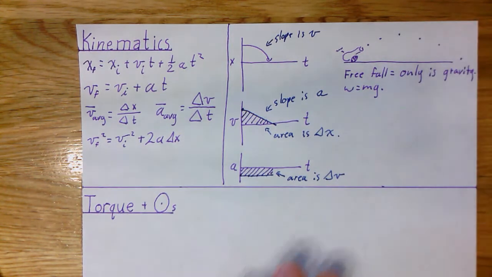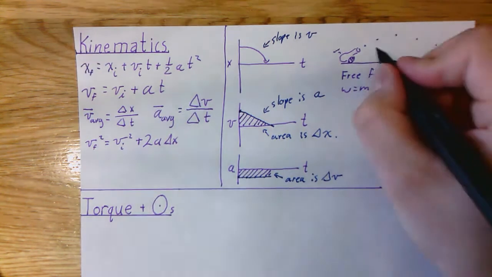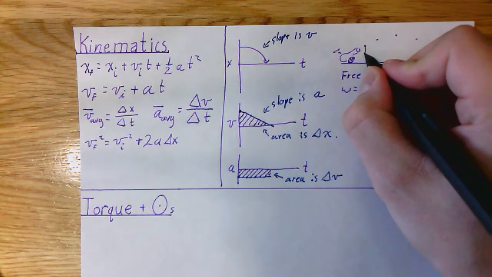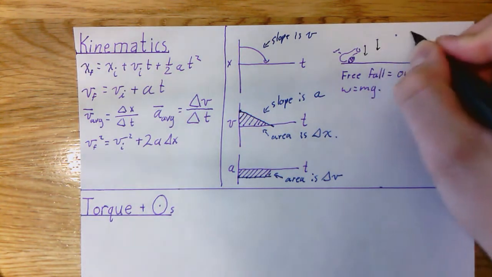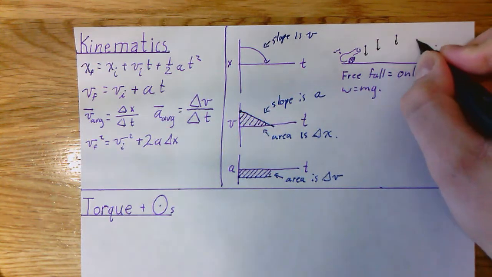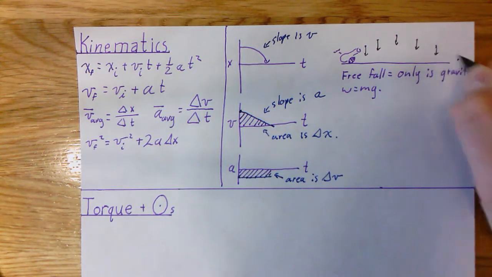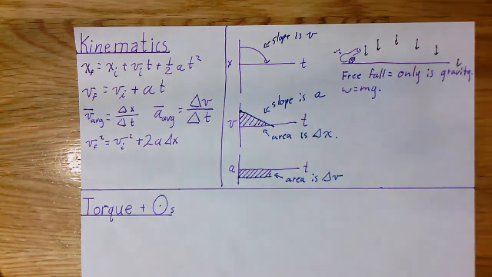If we draw little force diagrams, it would be gravity down, gravity down, gravity down, gravity down, gravity down, gravity down. Because the only thing acting on us the whole time is gravity, it's in free fall.